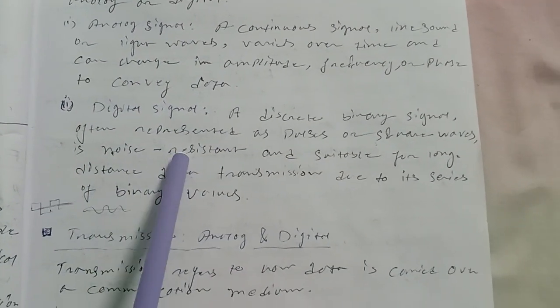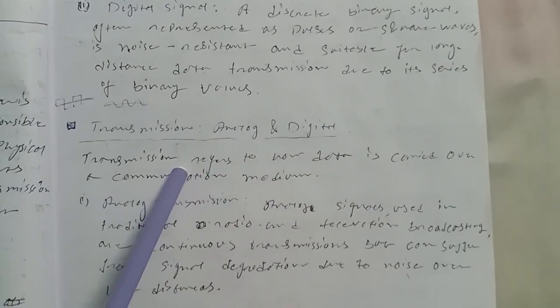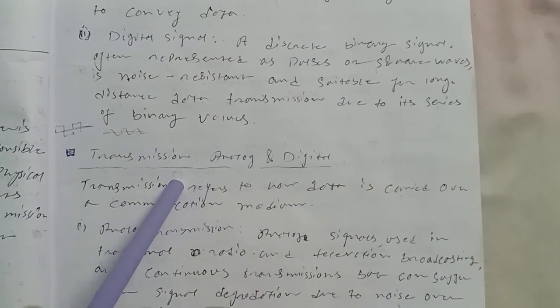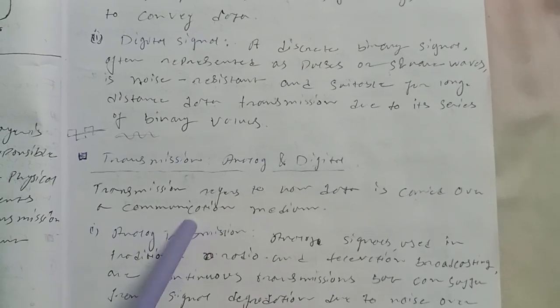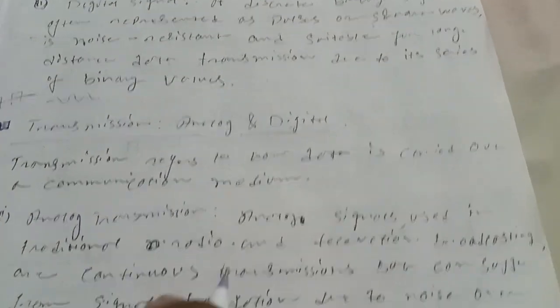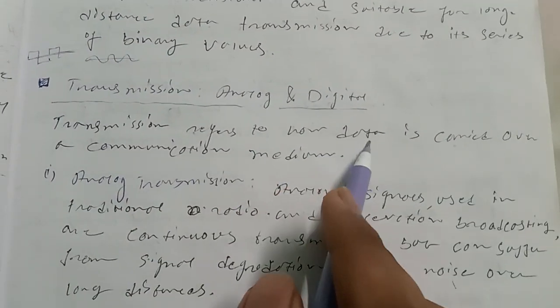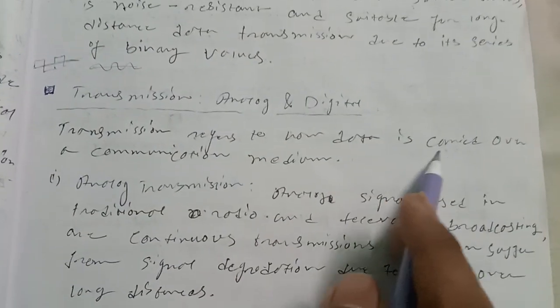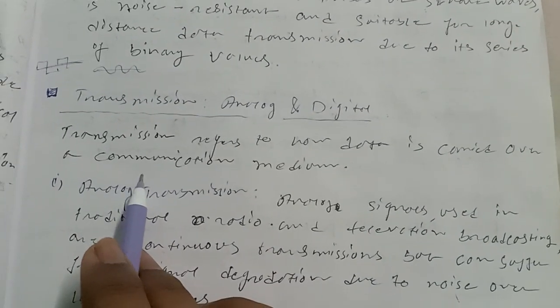So now let's see the transmission. What is transmission? Transmission is also of two types: analog transmission and digital transmission. Transmission refers to how data is carried over a communication medium.